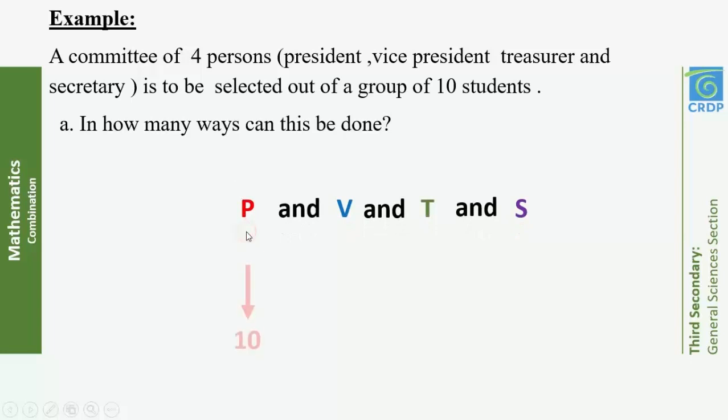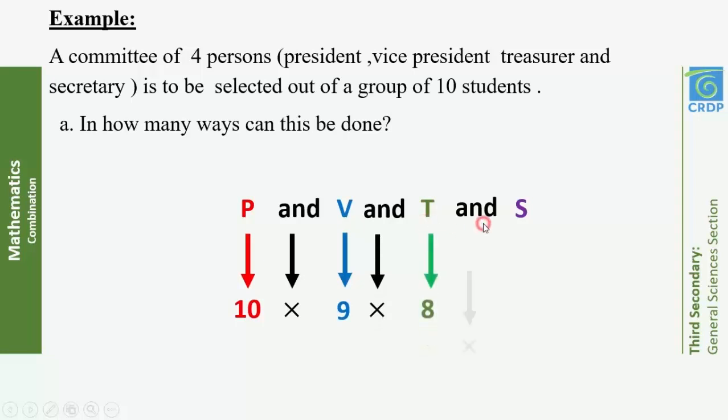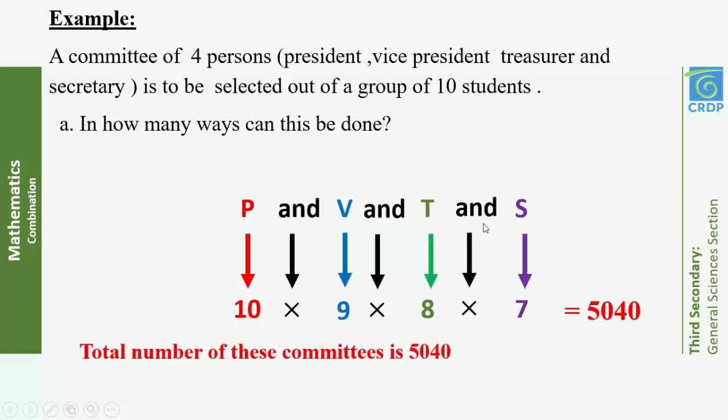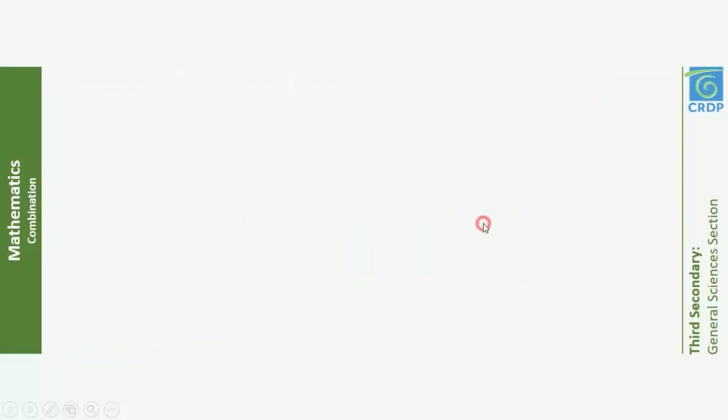I have 10 options for the president, and if I select a president, there will remain 9 options for the vice president, and so on, 8 options for the treasurer, and 7 options for the secretary, which will give me a total of 5040 possible committees. Remember that in this case, every person has an assigned role. The total number of committees will be 5040.